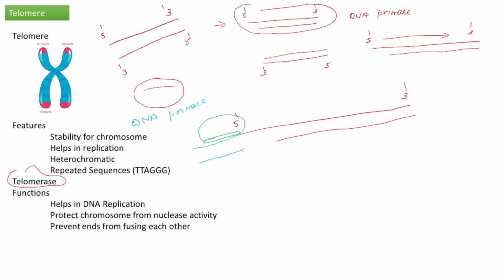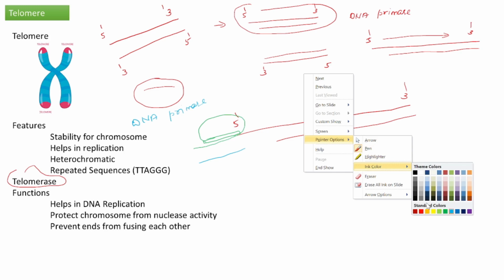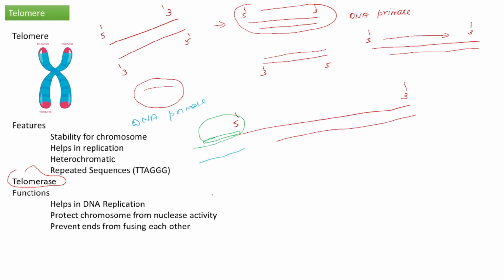And after adding this primer strand, then comes another enzyme, DNA polymerase. What is it doing? It adds nucleotides in connection with this primer strand and regenerates the lost portion of the daughter strand. In that way, it regenerates. That's the role of the telomerase enzyme.